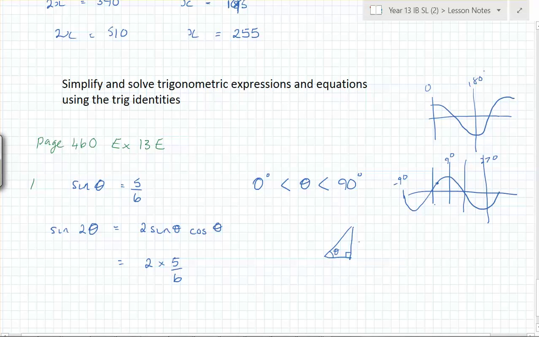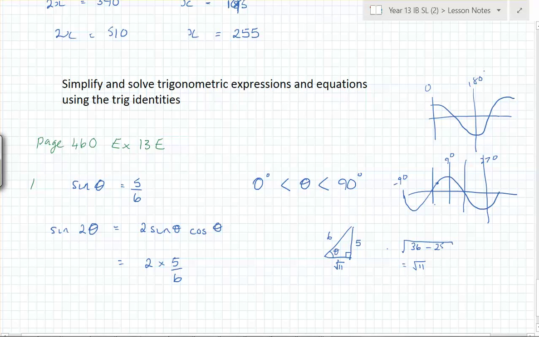Opposite over hypotenuse. So I can just write 5/6 and then solve for that side using Pythagoras' theorem, which in this case would be the square root of 36 minus 25, so root 11.